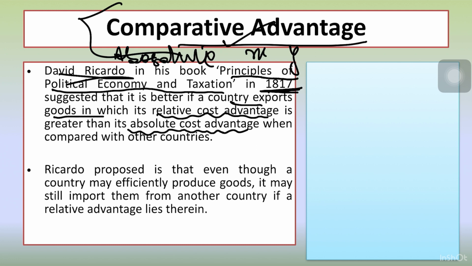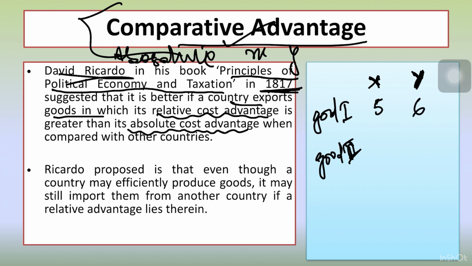Now over here we are taking an example of two countries, say country X and country Y. We are taking two goods into account, good 1 and good 2. Country X is producing good 1 with 5 units of labor and country Y is producing the same good with 6 units of labor.